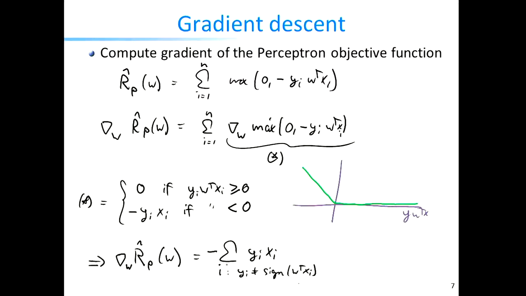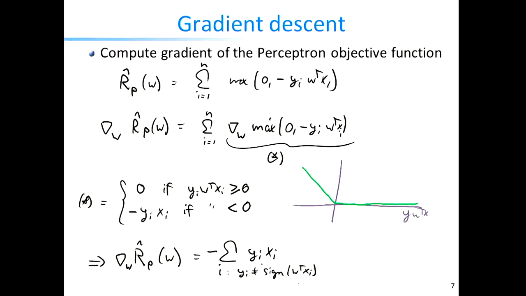Effectively, the gradient at the current model parameters w is the sum over all misclassified examples, misclassified according to the current model, of y_i times x_i. So the gradient is always pointing in the direction of the data, and you're essentially moving a bit towards the data.